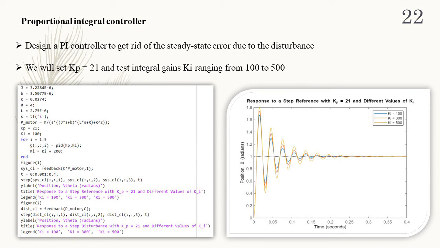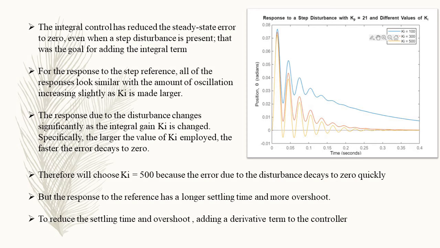We designed a proportional integral controller to get rid of the steady state error due to the disturbance. We will set the value of Kp as 21 and test integral gain Ki ranging from 100 to 500. From this graph, it's clear that for the response to the step reference, all of the responses look similar, with the amount of oscillation increasing slightly as Ki is made larger.